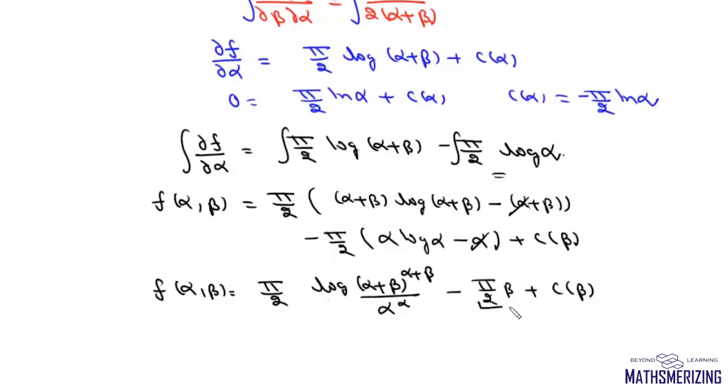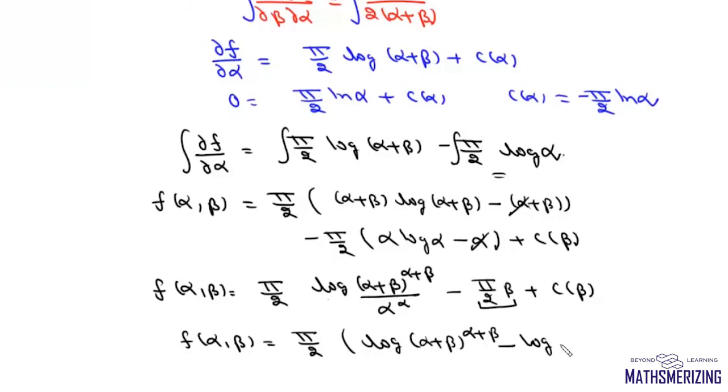Now this expression here is also a function of beta. So we write f alpha beta as pi by 2 log alpha plus beta to the power alpha plus beta minus log alpha to the power alpha, and then plus some function of beta, that is k beta. We have taken these two together.